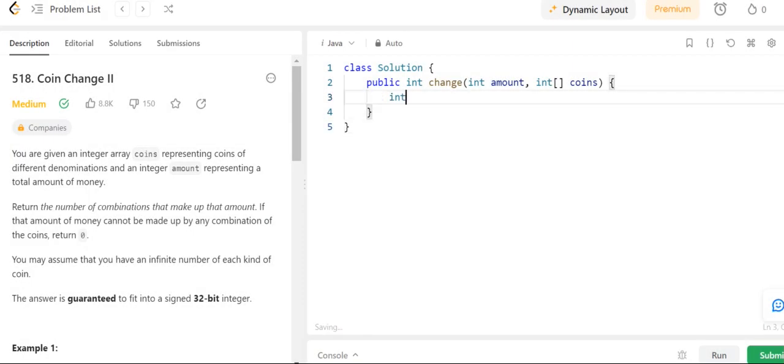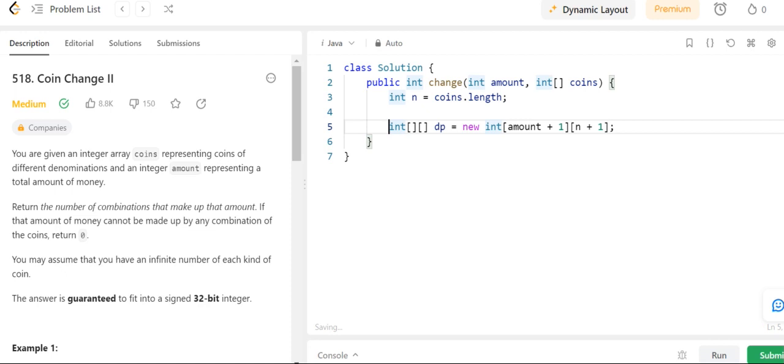And here I'm going to take a 2D array and the size will be amount plus 1 and N plus 1, coins dot length plus 1. That is the size of our DP array, because these are all the different subproblems we need to calculate. We're going to iterate in row major order.